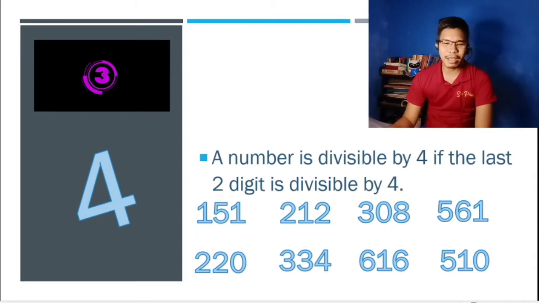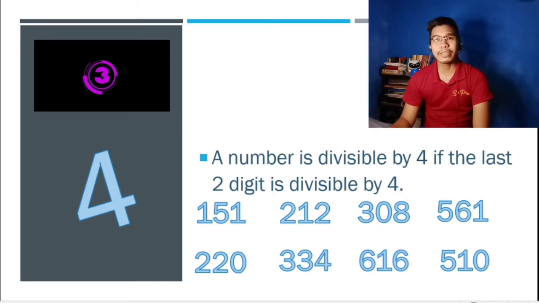Let's say for example, 212. We get its last two digits, 1 and 2, which is 12. And then we identify if 12 is divisible by 4. Obviously, 12 is divisible by 4.